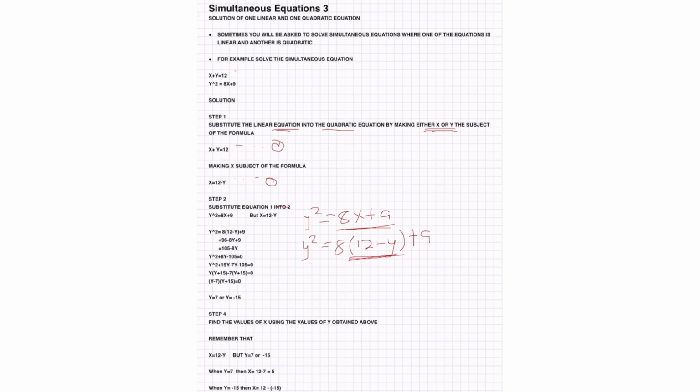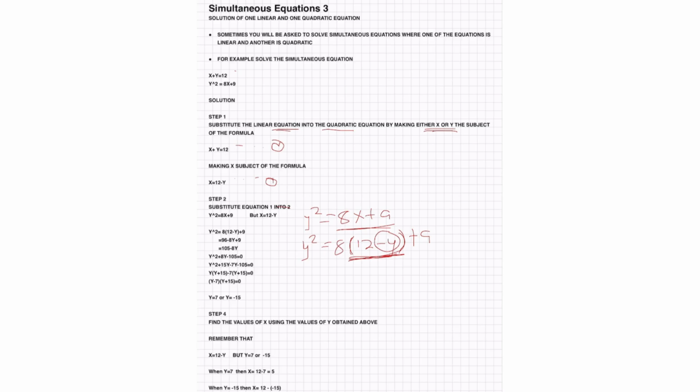The moment you leave out the brackets, it's very likely that you only multiply 12 by 8 and leave out y without multiplying it, and then you would have gotten everything wrong. So make sure that you put your brackets here. This is where most of the mistakes are made.